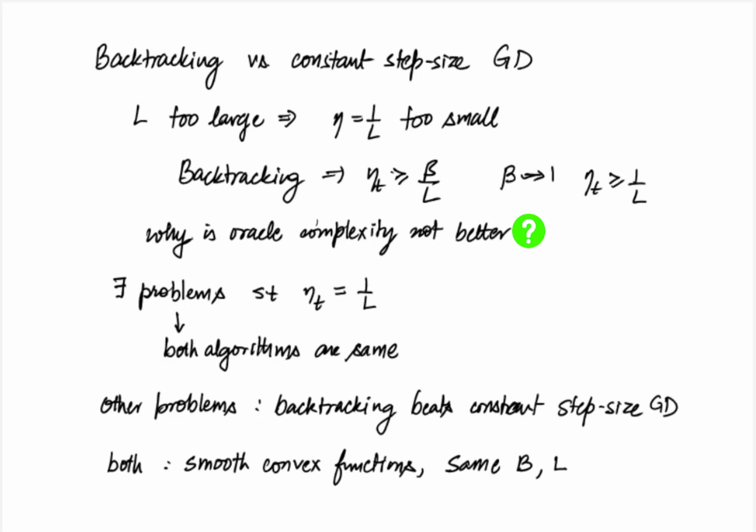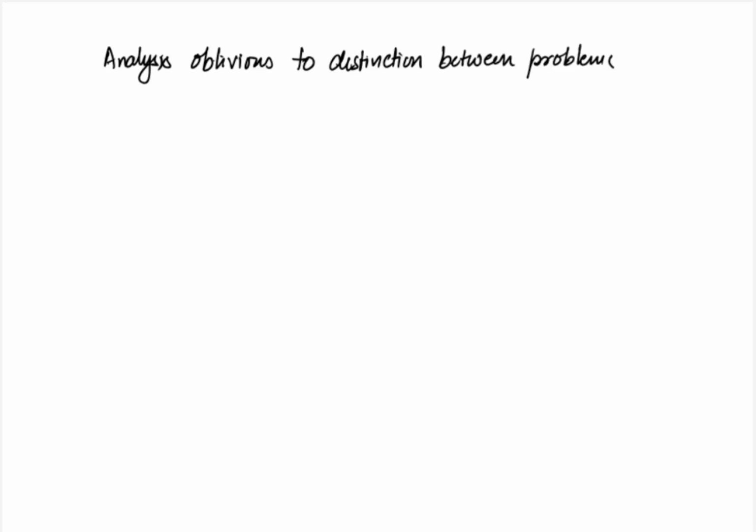So to repeat, backtracking is only better than constant step size gradient descent for some problems. However, since all problems have the same parameters, the entire analysis is oblivious to this distinction between these two classes of problems. Further, the oracle complexity is a result on the entire class of problems covered by these assumptions.